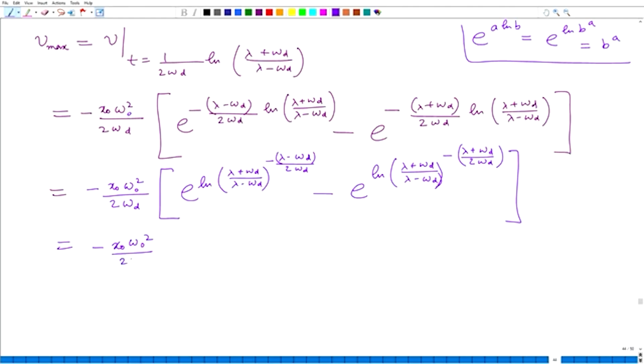Yeah, 2 omega d, and then what will be this? This is simply (lambda plus omega d) by (lambda minus omega d) times minus (lambda minus omega d) by 2 omega d, minus, here there should be a minus, I should erase this, otherwise it will be confusing.